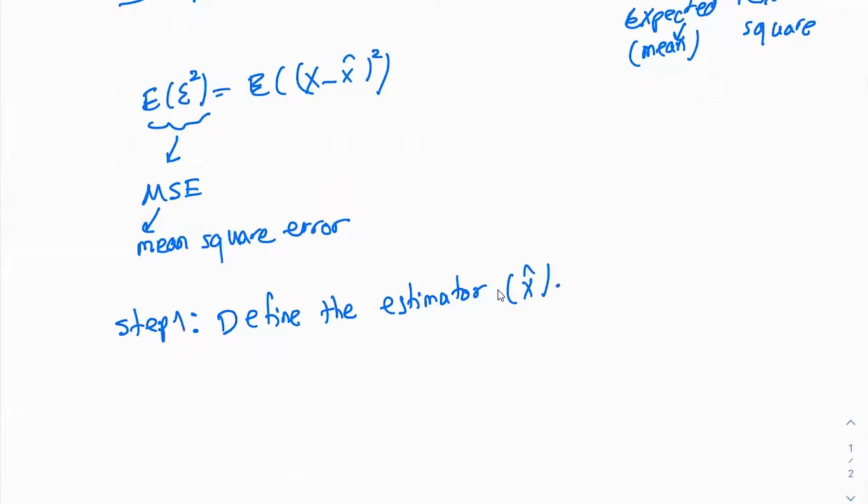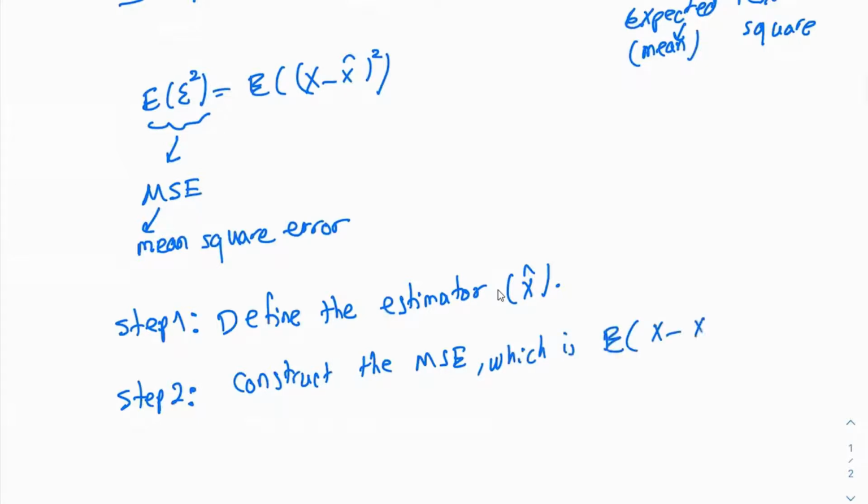Step 2: construct the MSE, which is the expected value of x minus x hat, the true value minus the estimated value, squared.